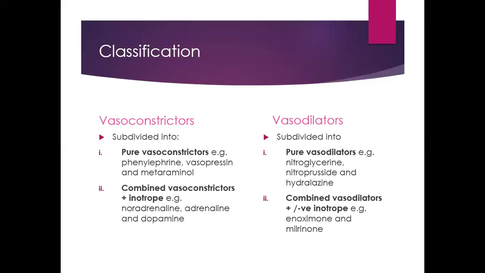The combined vasoconstrictors or inotropes, noradrenaline and adrenaline, we're going to be looking at them because the activity is determined by the receptors that they primarily act on. Now we have the vasodilators: the pure vasodilators and, like I mentioned, the combined vasodilators with either a negative or positive inotrope, like your enoximone or milrinone.